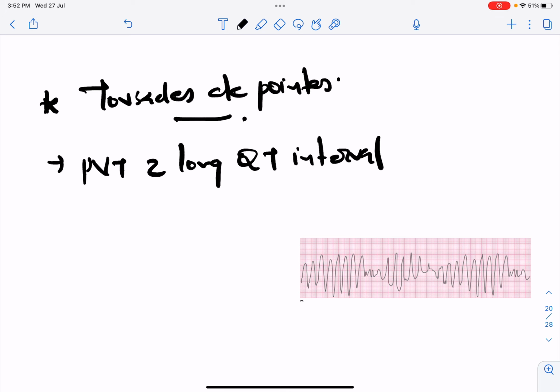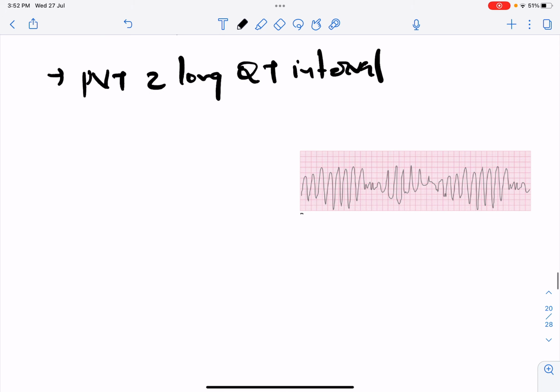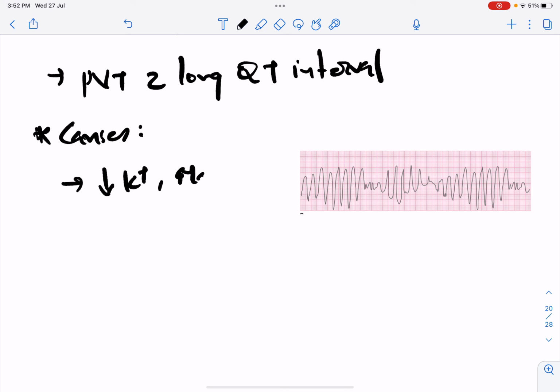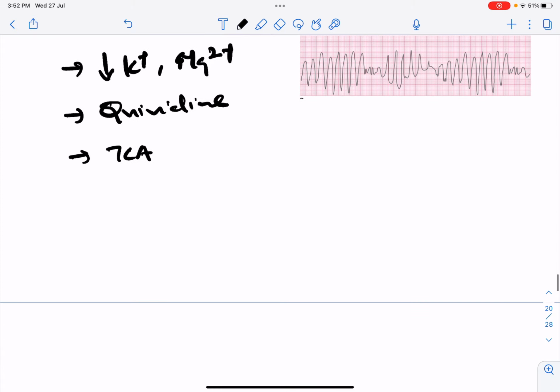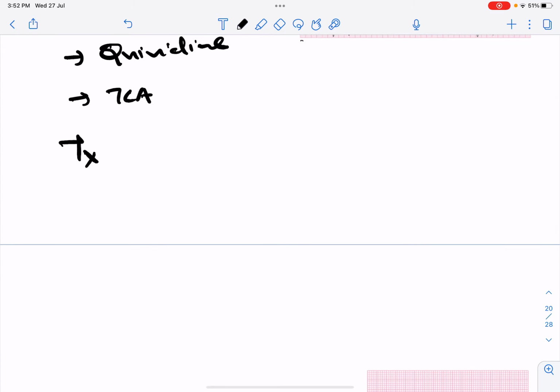The causes for Torsades de Pointes are any condition that increases QT interval, like hypokalemia, hypomagnesemia, drugs like quinidine, tricyclic antidepressants, etc. So the treatment for Torsades de Pointes is magnesium sulfate.